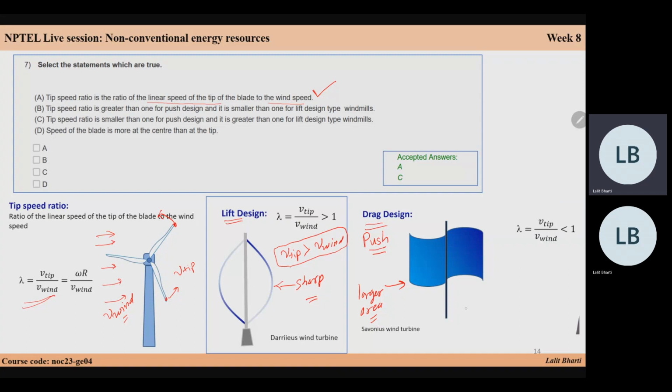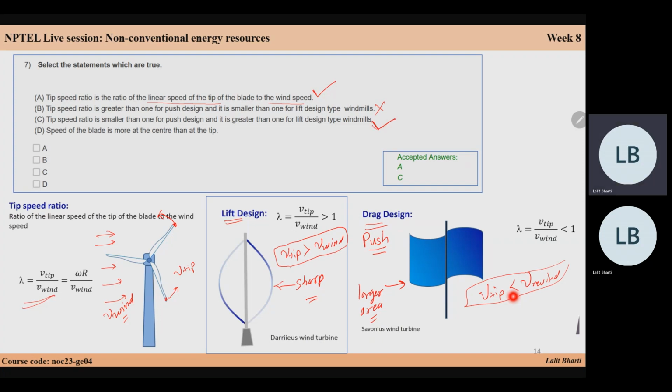And the drag designs are bulkier than the lift design and their surface area is higher, so they will be interacting more. So the speeds of their tips will be lower than the speed of wind, but their torques will be higher. So our second statement will be incorrect, but our third statement will be correct.